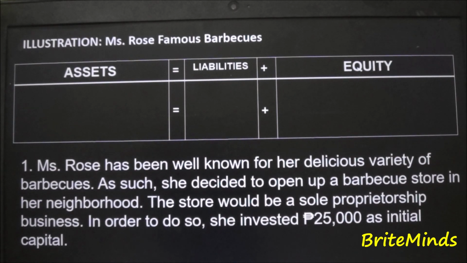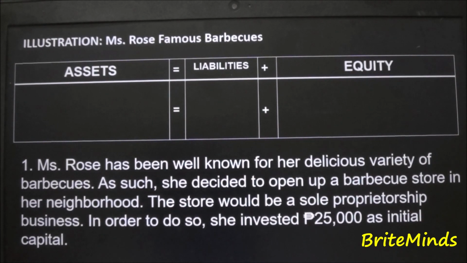So based on the first transaction in our illustration, what accounts are affected by the transaction of the entity, Miss Rose? We can read in the illustration that Miss Rose invested 25,000 pesos as initial capital. So in our accounting equation, what will be the accounts that will be affected?